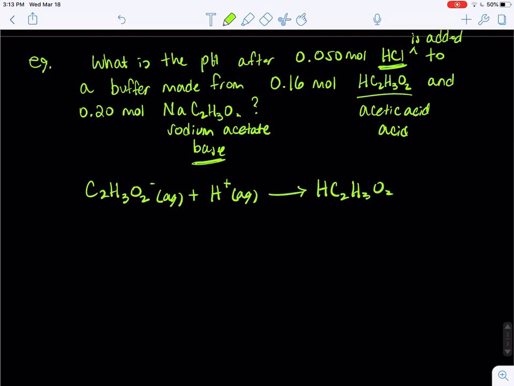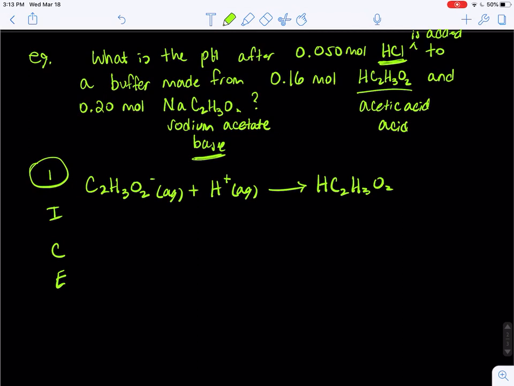Okay. Now we already have the molar amount, so I can plug those in here into the ice table. This is step 1. So acetate has a concentration or a molar amount of 0.20. Acetic acid has a mole amount of 0.16, and I'm adding HCl. I'm adding 0.050 moles. Okay, that's a very small amount compared to the 0.2.